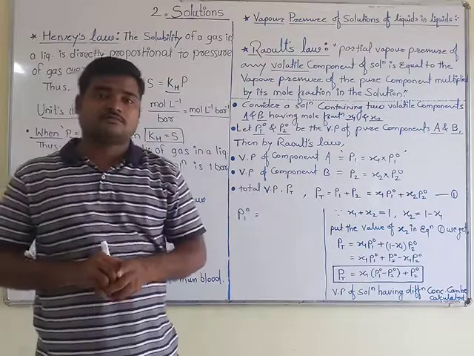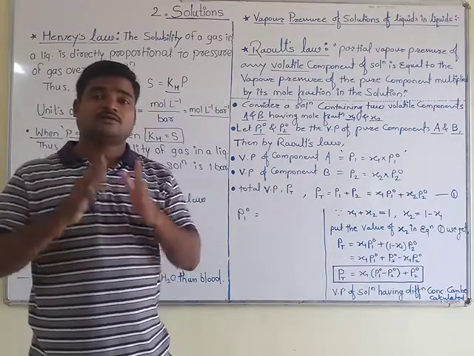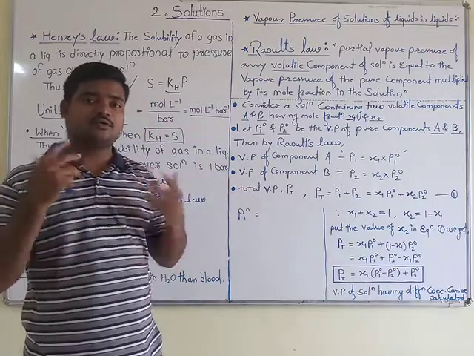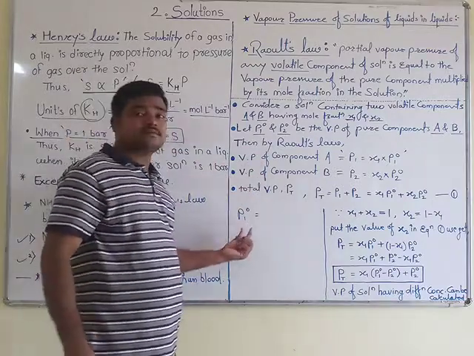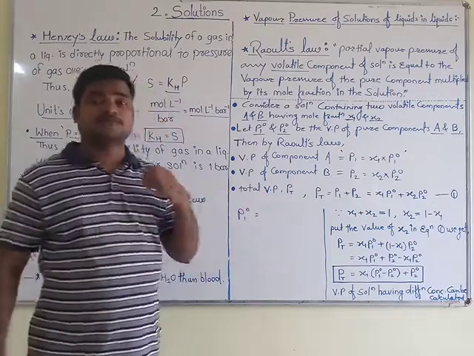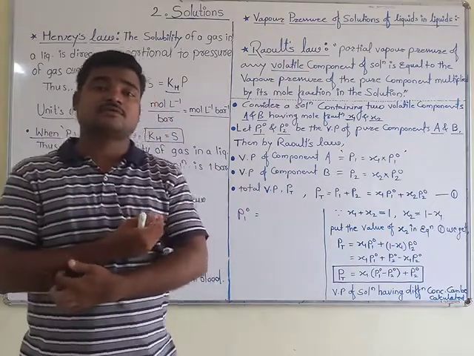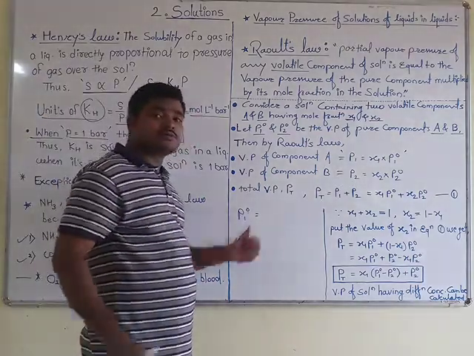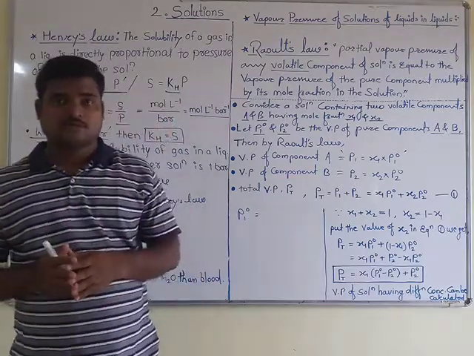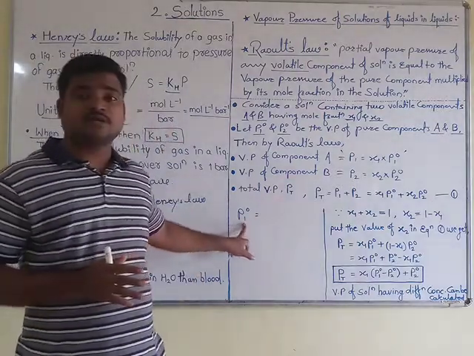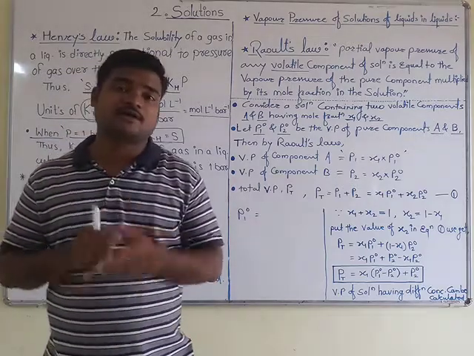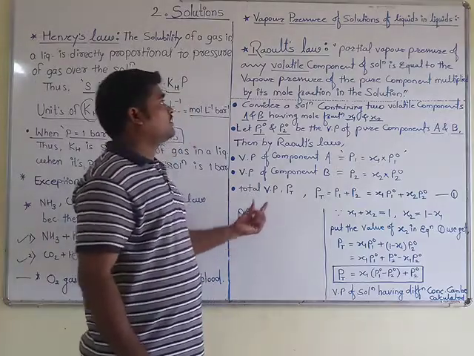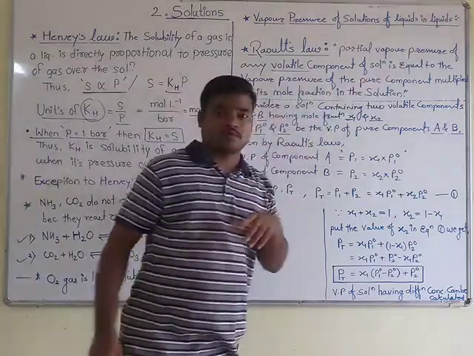You should know the meaning of each and every term in this Raoult's law equation, then only can you say which term means what. Here P1 zero is the pure first component, that is 1 at the base, and it indicates nothing but the vapor pressure of the pure component.